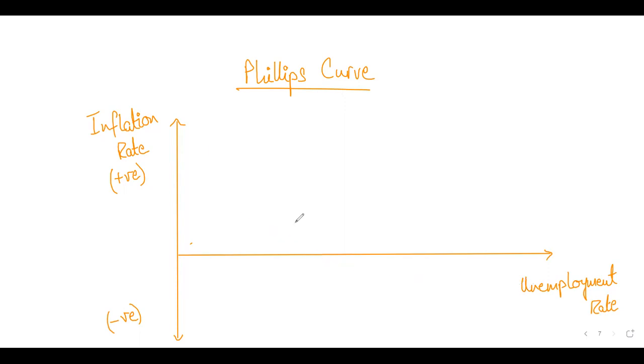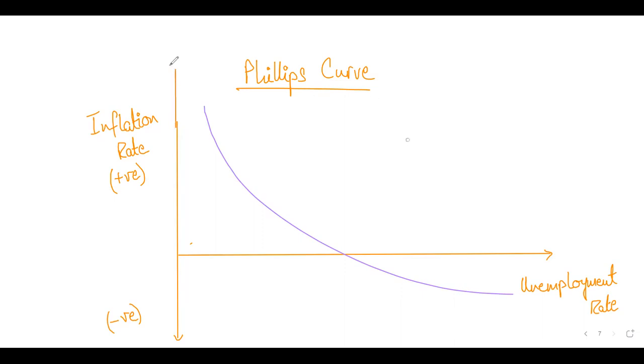Let me draw it like this. Now what is this downward sloping curve showing us? This shows that there's an inverse relationship between the two variables, which means higher unemployment means lower inflation and vice versa. Higher inflation means lower unemployment and vice versa, right?